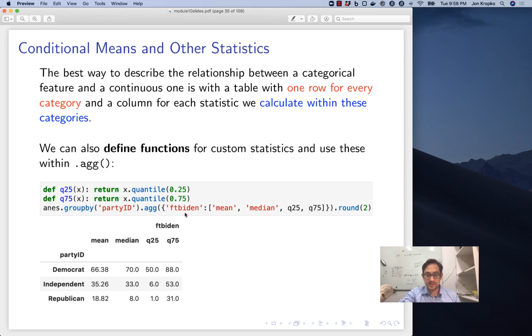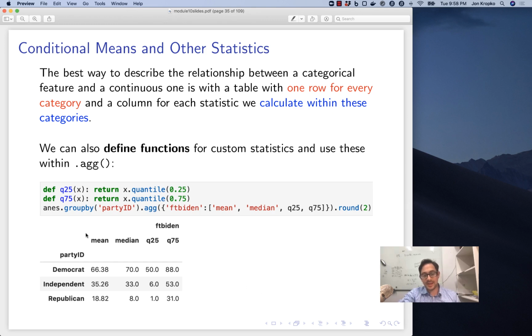So in this case, I'm looking at the relationship between approval of Biden and party affiliation. Within categories of party ID, I want the mean thermometer score for Biden and the median thermometer score for Biden, the 25th and 75th percentiles. Round everything to 2 decimal places. And this is what it gives me.